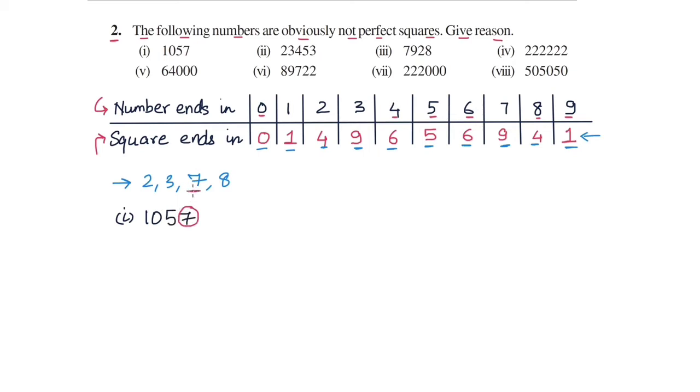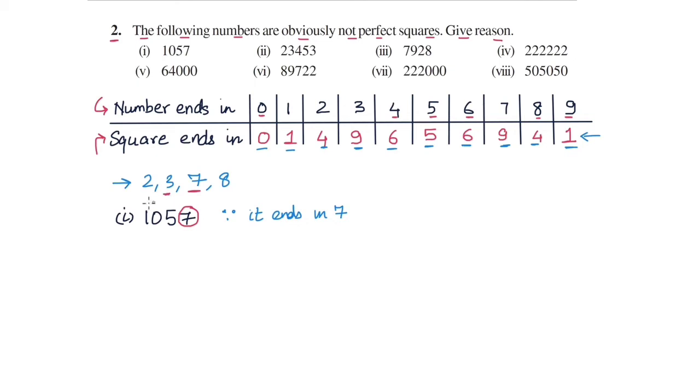As you all know, 7 is not a digit a perfect square can end in, because, or in the solution part you can write, since it ends in 7, that's why it's not a perfect square. Understood? So it is very important to understand what number should be present at the unit place to make that number a perfect square.